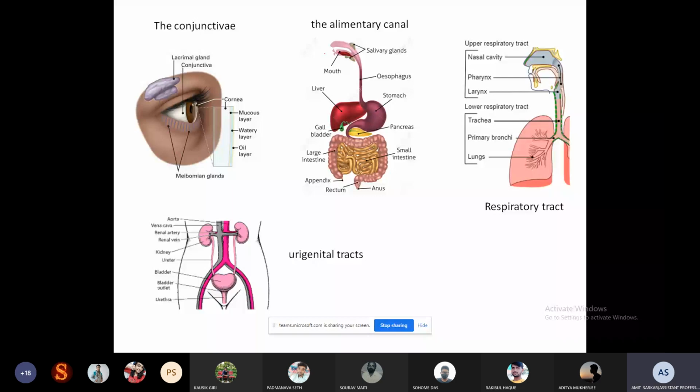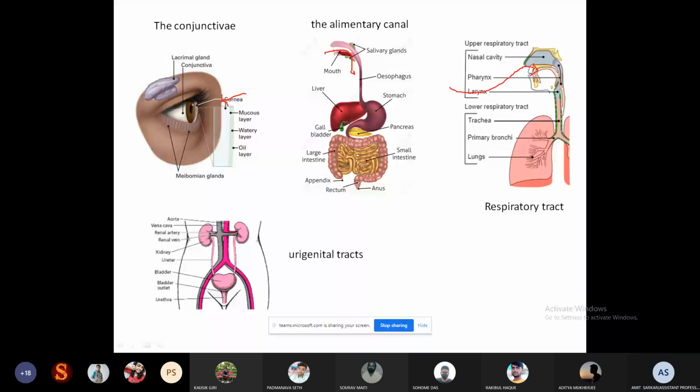Third, the respiratory tract. There's another opening through your nose. You are breathing every moment. You cannot survive without breathing. And air is full of microbes. We know very much about this after the COVID situation. So microbes are entering through your nasal opening as well.